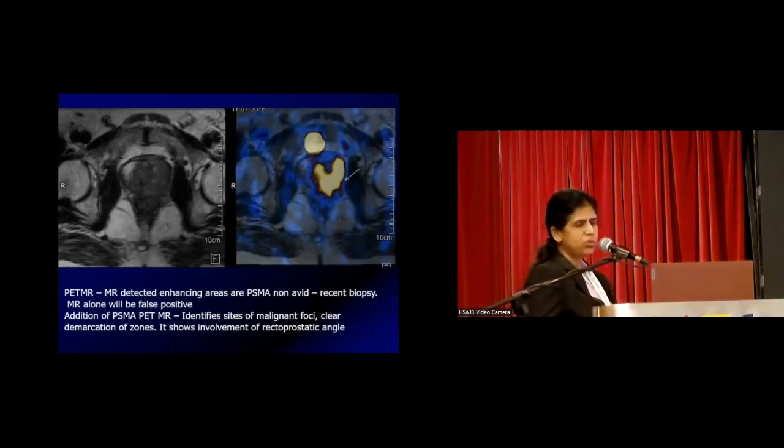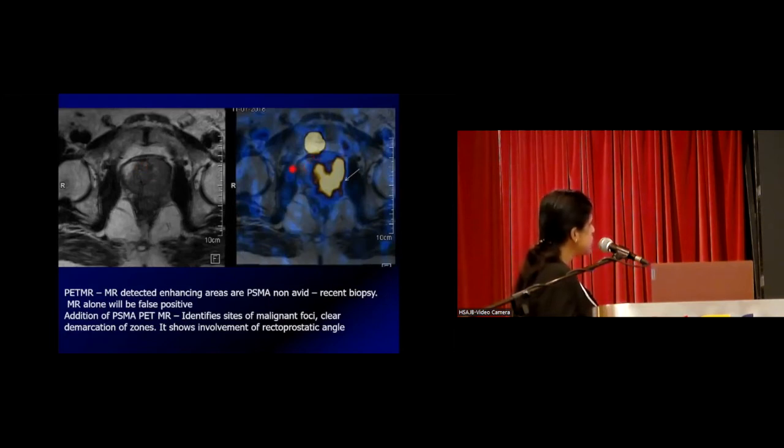So this is one more case where I would like to highlight that this is a patient who has undergone a recent biopsy, and you can see that the MR area which is showing a false positivity actually does not show a PSMA uptake.